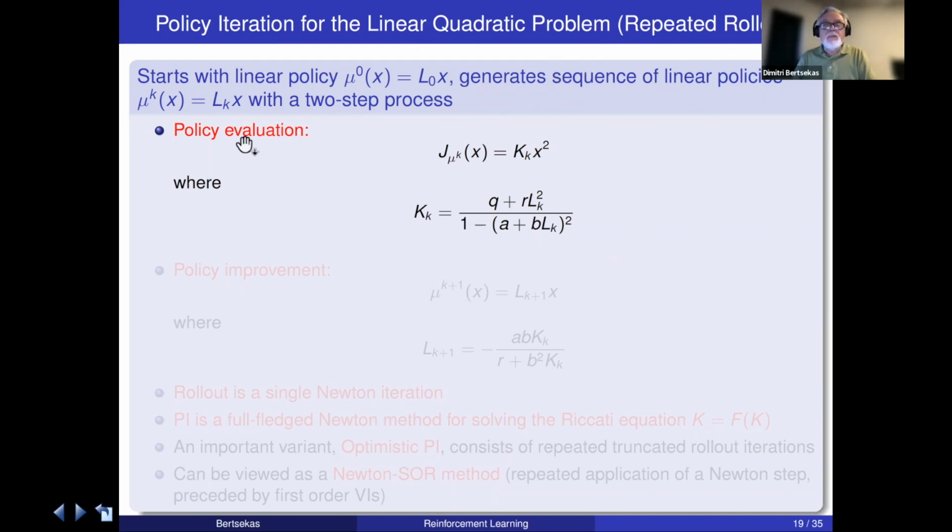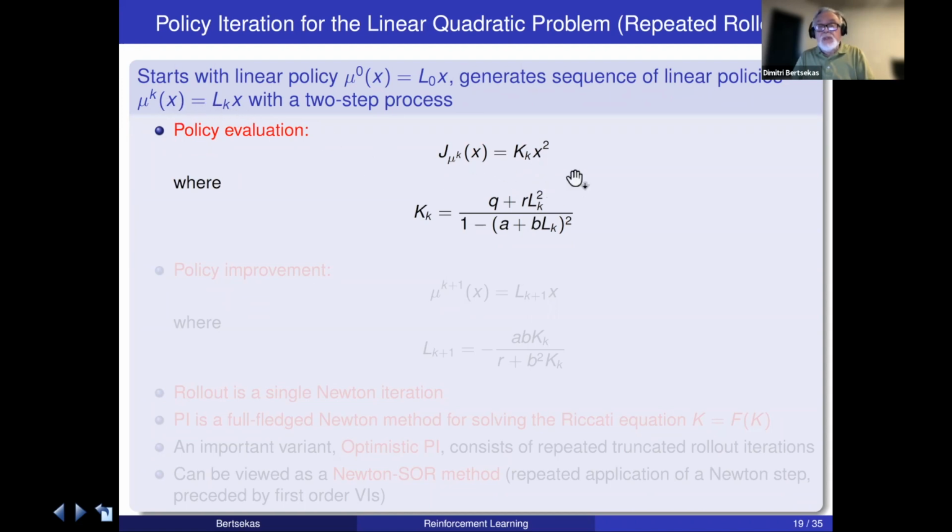And the way this is done is by a 2-step process. In the context of linear quadratic problems, the policy evaluation takes this form. The kth policy is linear and stable and has a quadratic cost function, and Kk is given by this formula, where Lk is the linear cost coefficient of mu k.